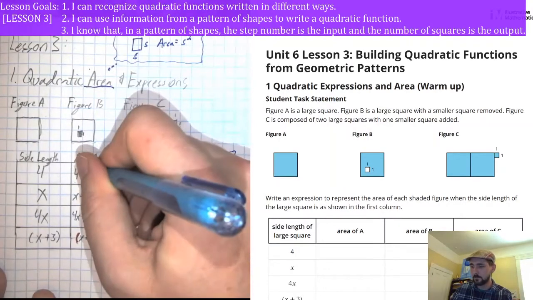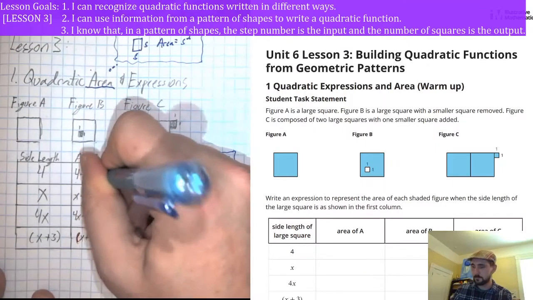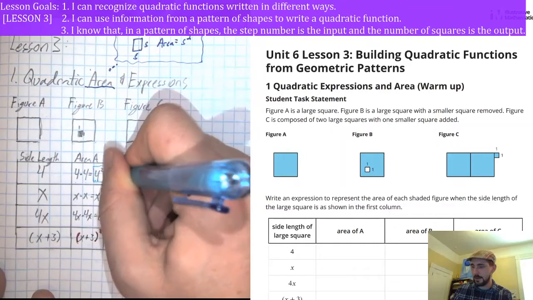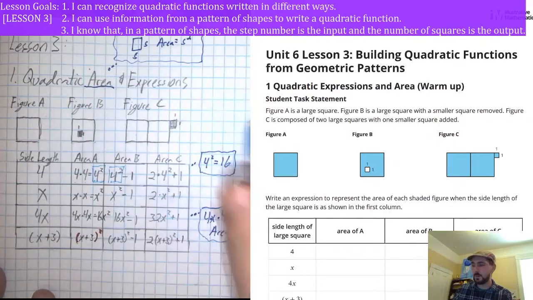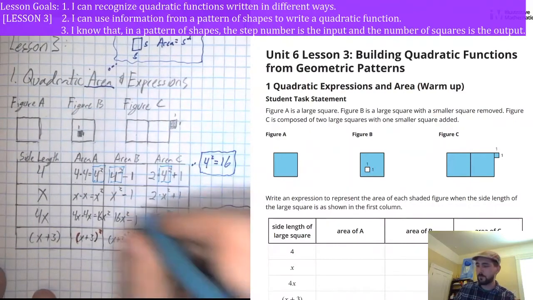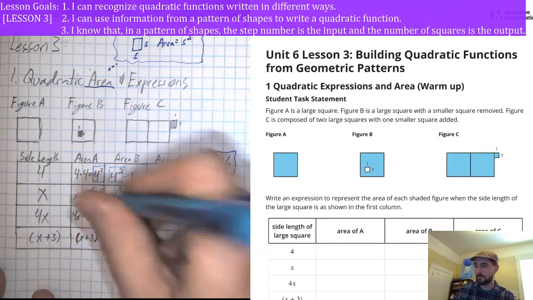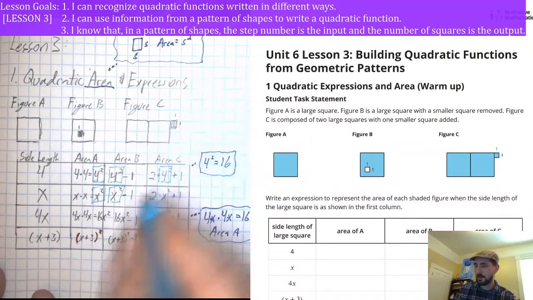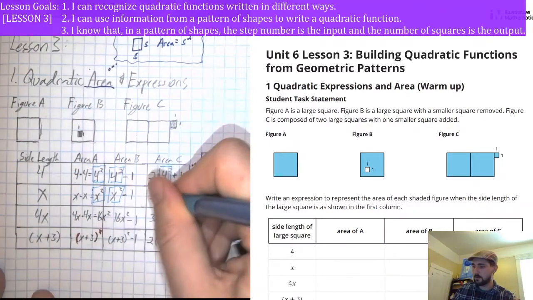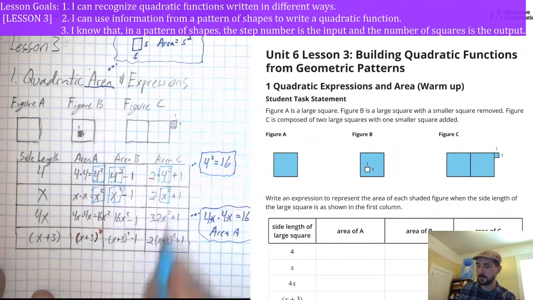So here is area A, and here is area A minus 1. And here is area A times 2 plus 1. And area A and area A minus 1, and 2 times area A plus 1, and then etc., right?